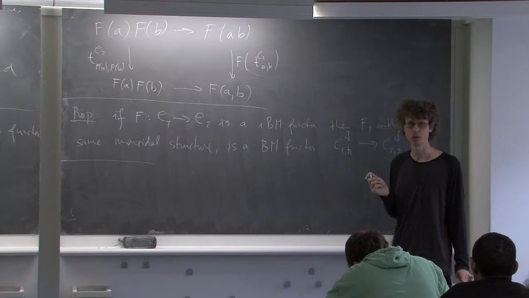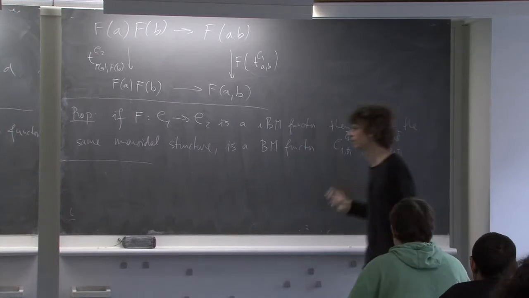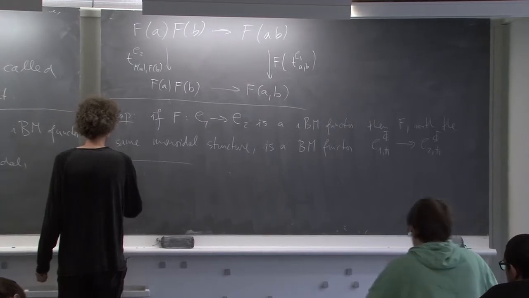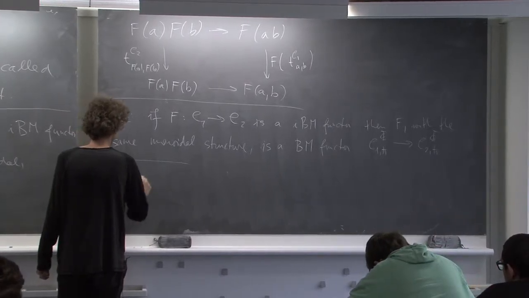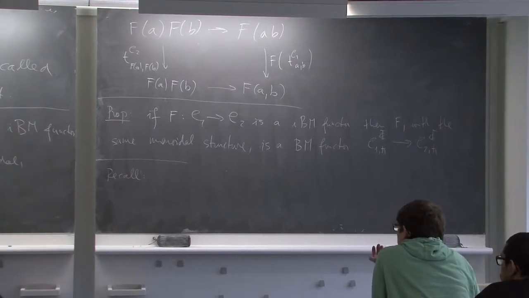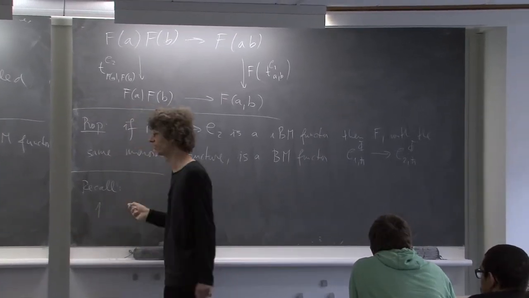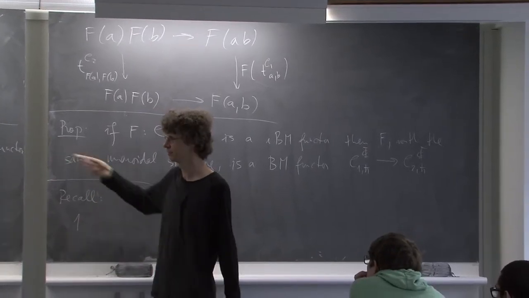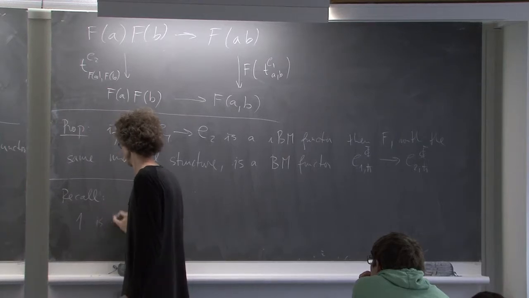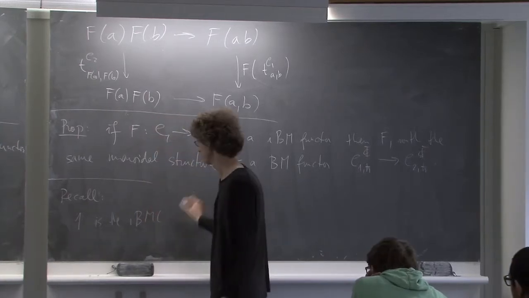And so in particular, how about algebras? Can we find some algebras? Say, a recall, though it's going to be a little bit modified recall. So I will denote by 1 some sort of trivial infinitesimal braided monoidal category, the infinitesimal braided monoidal category with a single object.